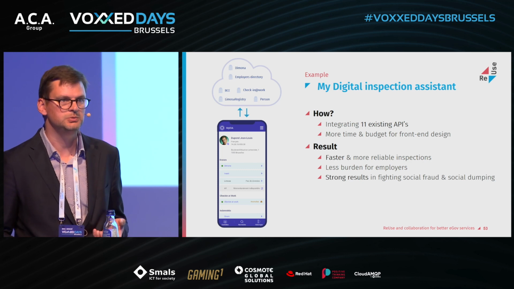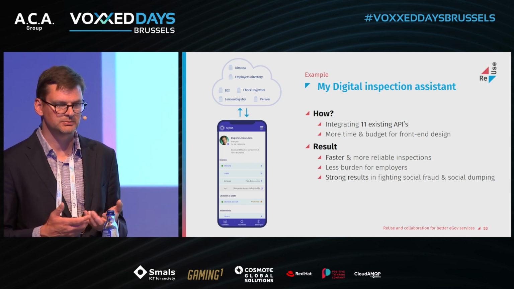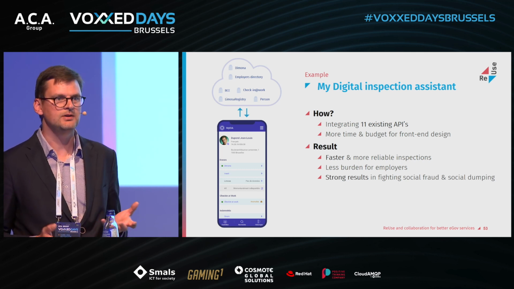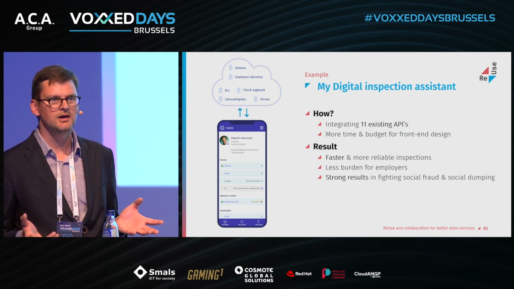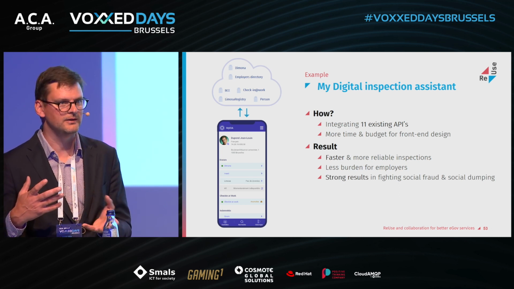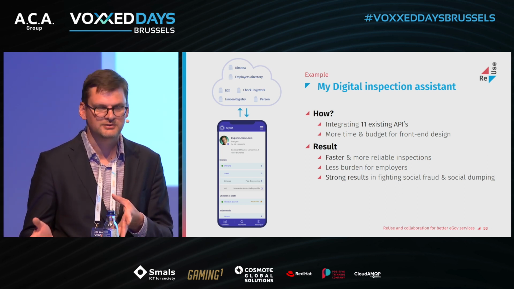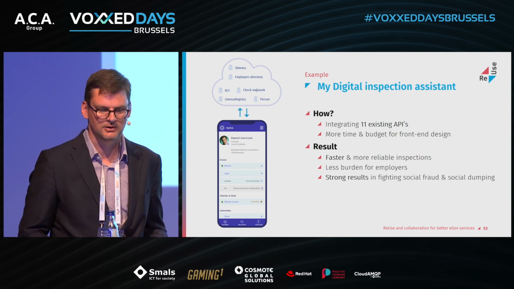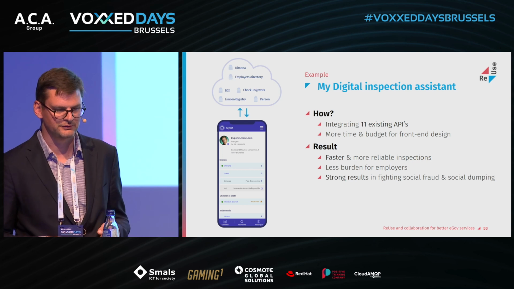And so how did we do it? We integrated in this mobile app 11 existing APIs. And then we had also more time to do some real business analysis work or front-end design work instead of having to develop all of the back-end functionality.